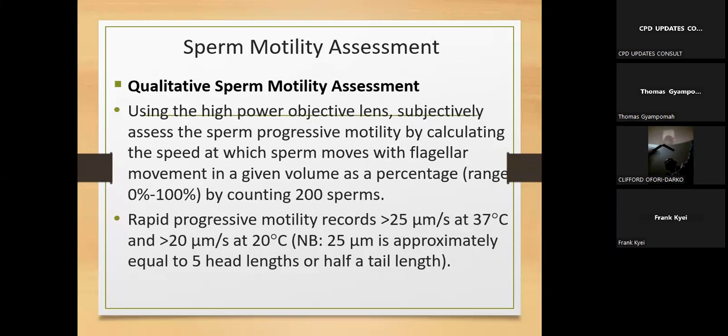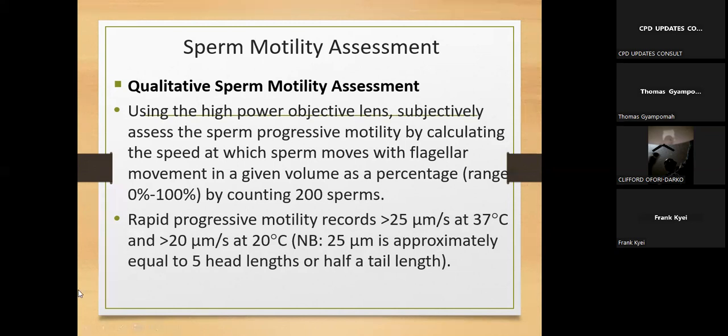So if the sperm is moving 25 micrometers per second, then it means that it moves 5 times its head size. That's what it means. So within 1 second, this is how fast the sperm is moving. This is just for your understanding of how fast a sperm can move. All right.